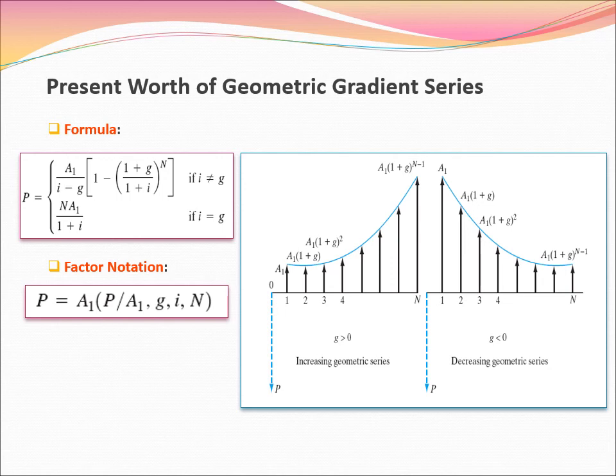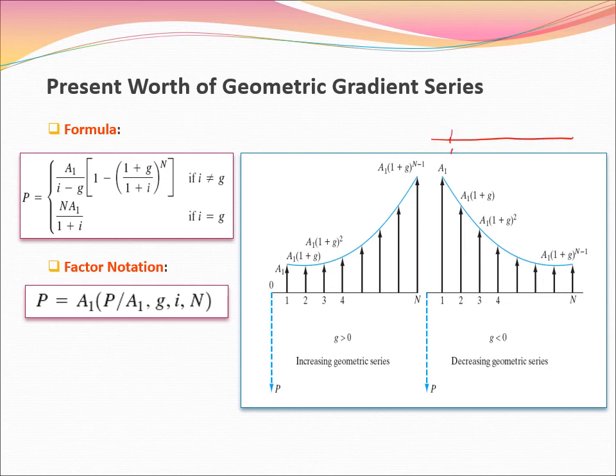So if you, for example, earn $100 at the end of the first period, then each period your earnings or payments may increase by a certain amount, say $20. So at the end of the second period you earn 120, and at the end of the third period you earn 140, and so on. In this case, the payment series is linear. The increase in the payment is linear.